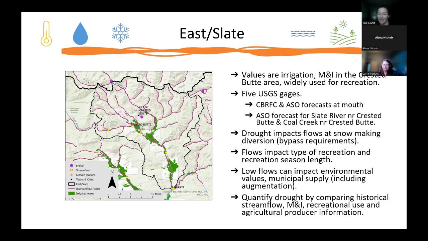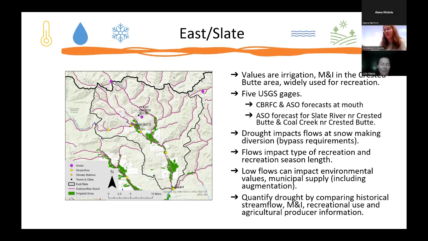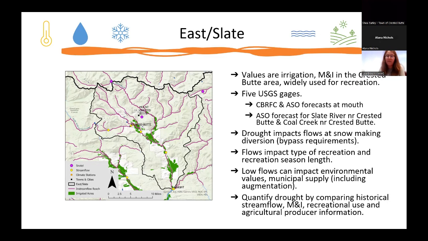Gotcha. And I would say, right now we've got the 5 USGS gauges as well. Speaking to those information gaps, are there other areas where we're concerned about the environmental impact that dry up is having, but we don't have an easy way to measure it?